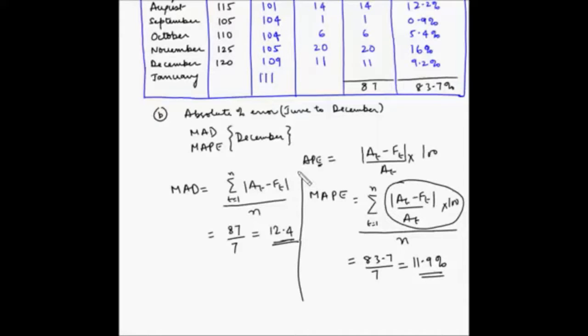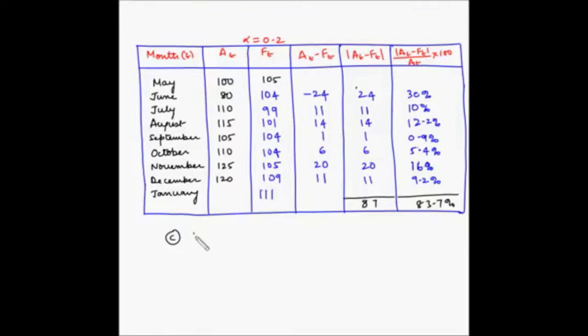Now let's move to part C, which is calculate the tracking signal as of the end of December. So C is to find out the tracking signal. Now tracking signal is nothing but the ratio of running sum of forecast error divided by the MAD. Now we have found out the value of MAD in the last step, which came out to 12.4, and we have to find out the value of running sum of forecast errors.